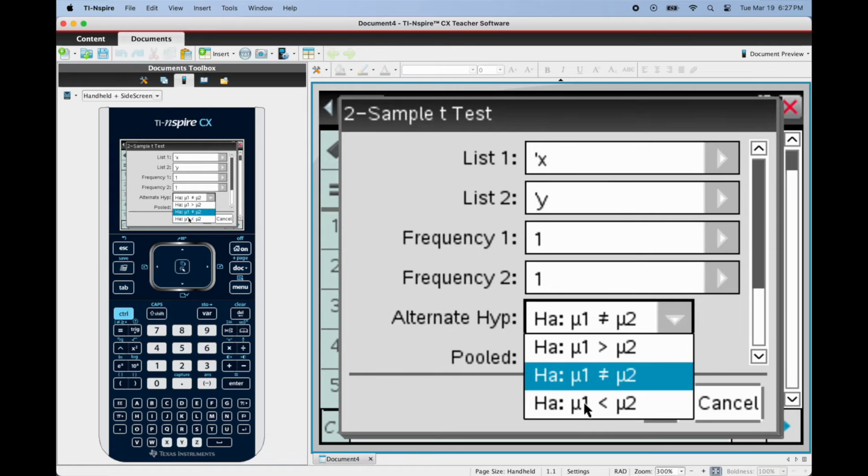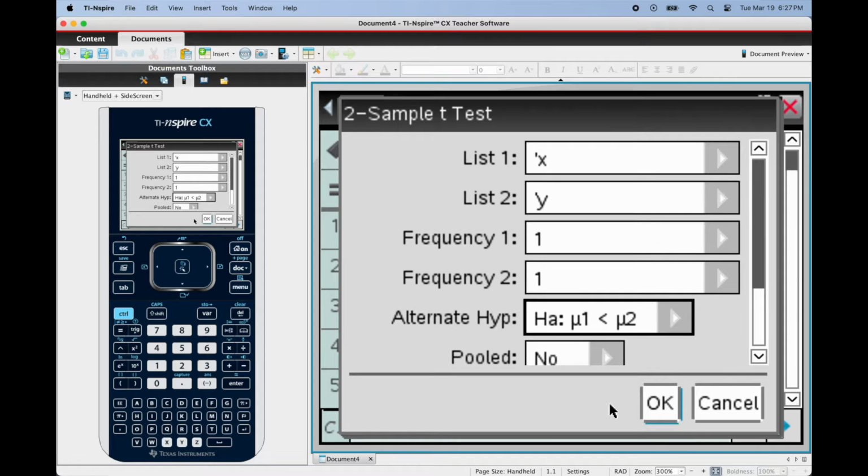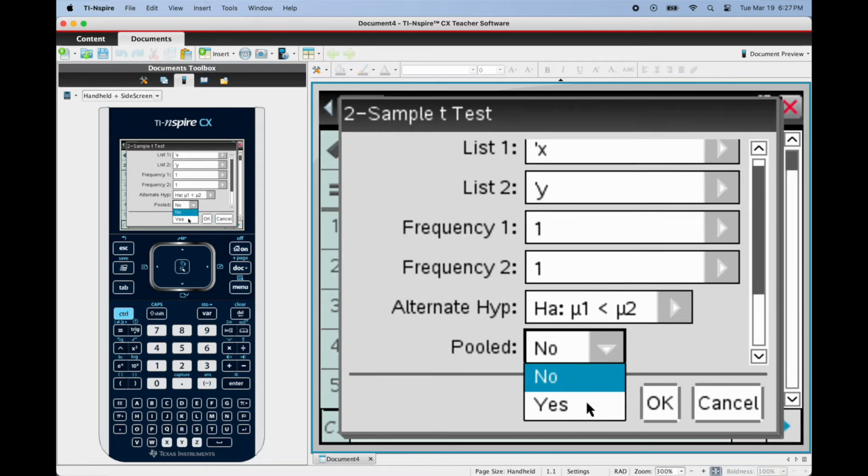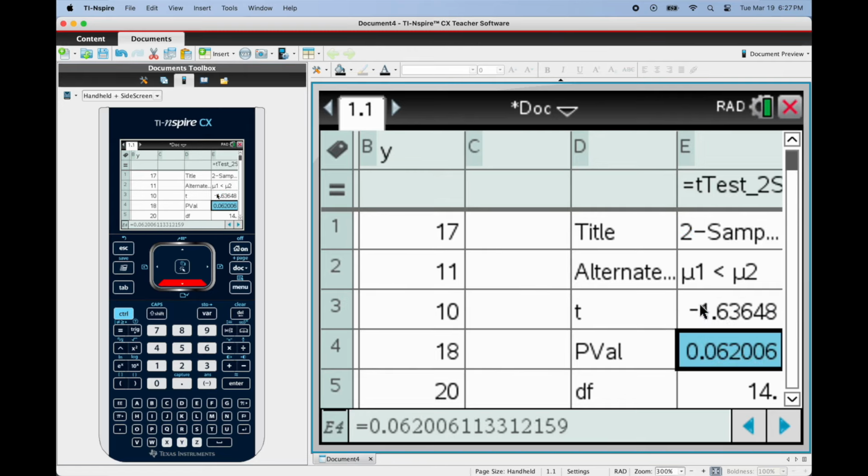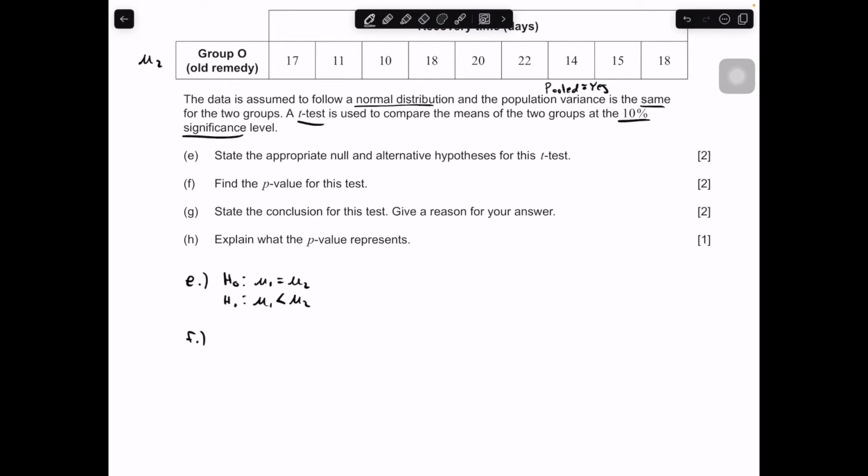We're asking the question if the average of group 1, the new remedy, is less than group 2, and pooled, this equal variance and normally distributed, would be yes. Okay, group 1 less than group 2, everything's good. There's our p-value, 0.062. Okay, so let's go back to the document here.